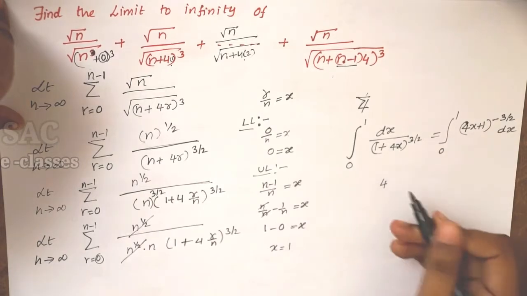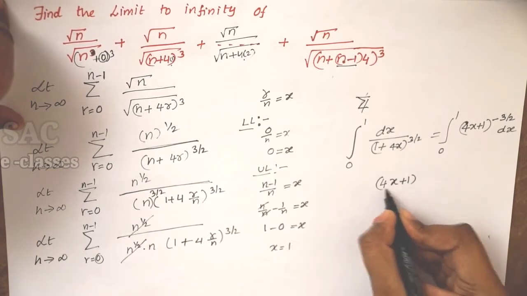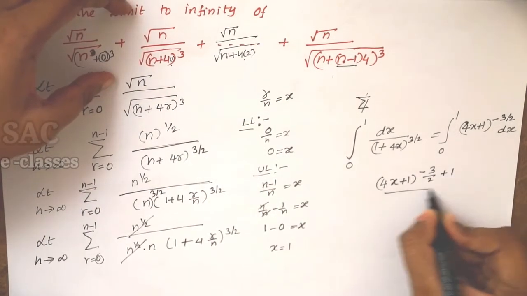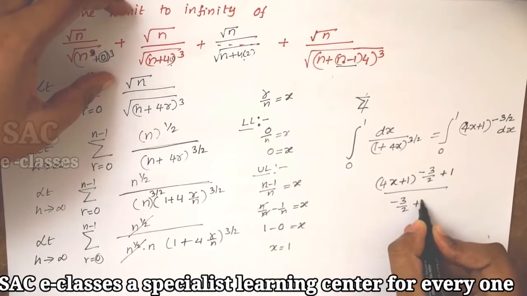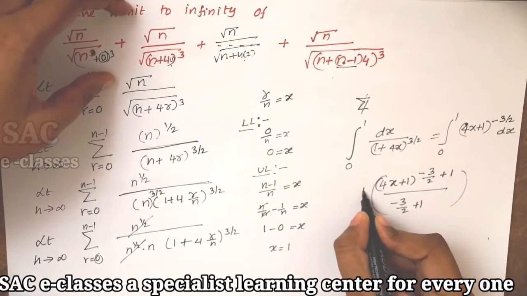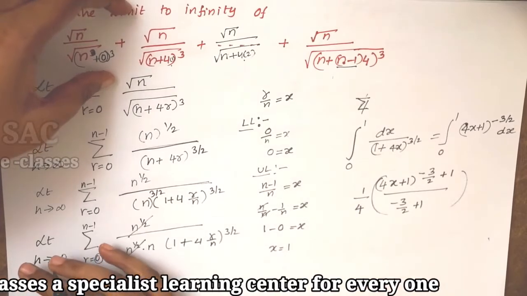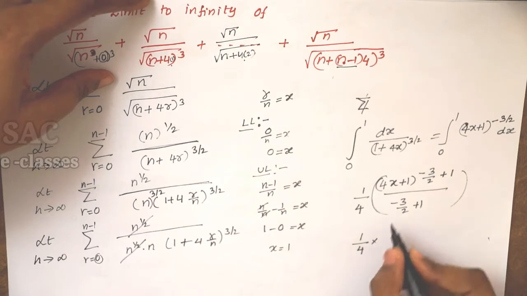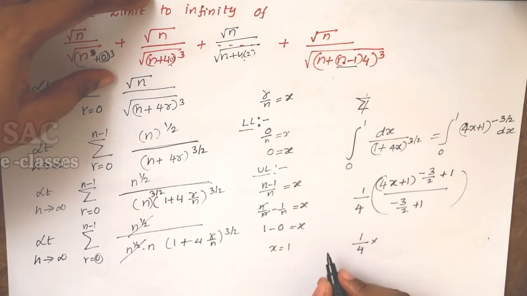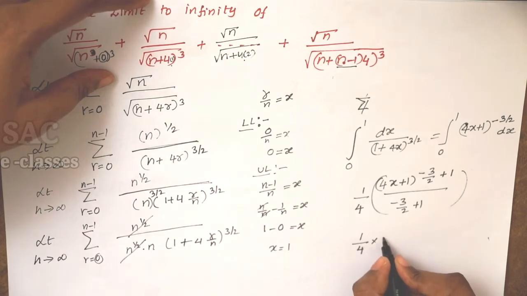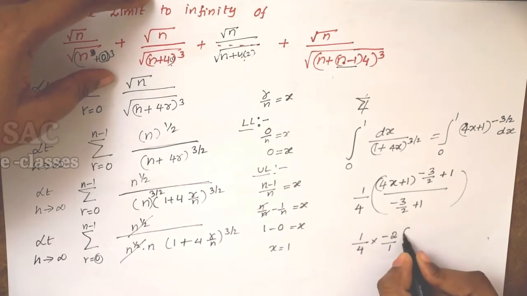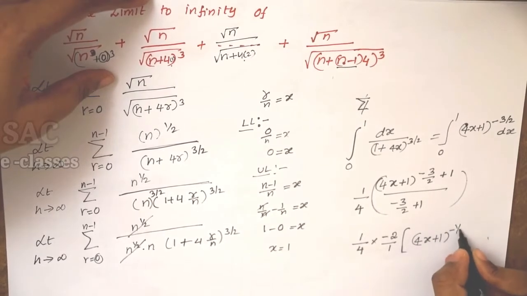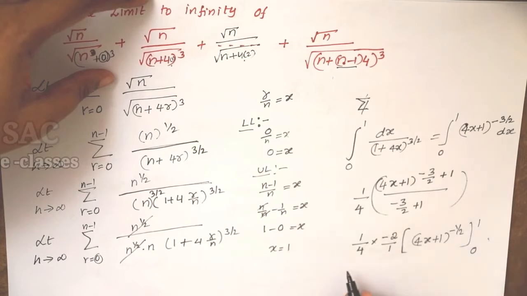Applying (4x plus 1) whole power minus 3 by 2 plus 1, by minus 3 by 2 plus 1. Already 4x is there, so it will give 1 by 4, into minus 3 by 2 plus 1, which gives minus 1 by 2. The reciprocal is minus 2 by 1, into (4x plus 1) whole power minus 1 by 2, from 0 to 1.